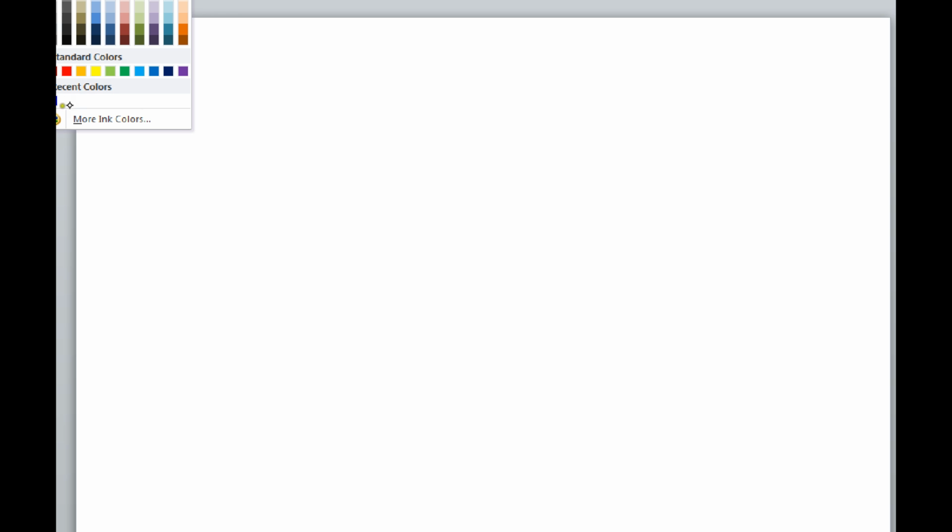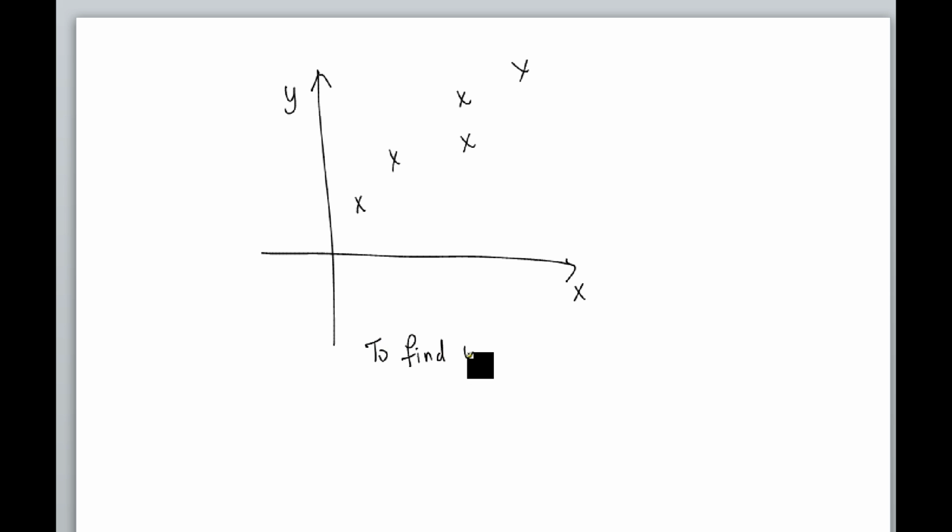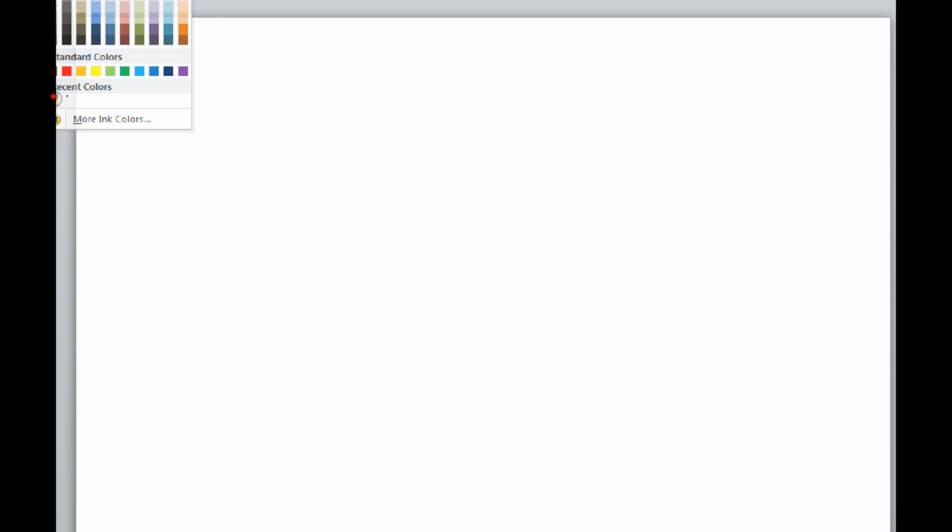What I mean is this, okay? You plot. Now, if you want to find y given a value of x, you want to find y given a particular value of x.